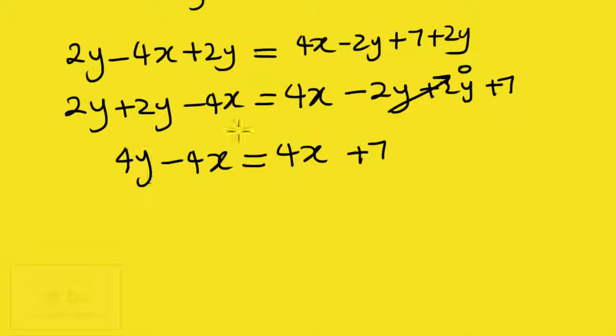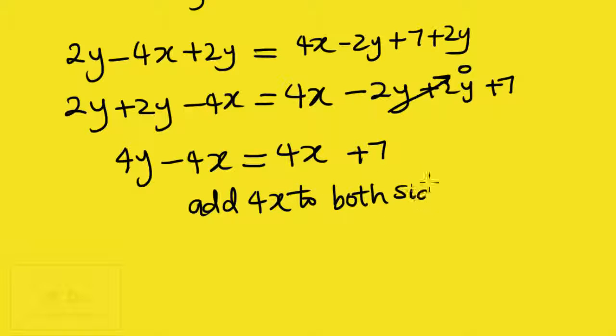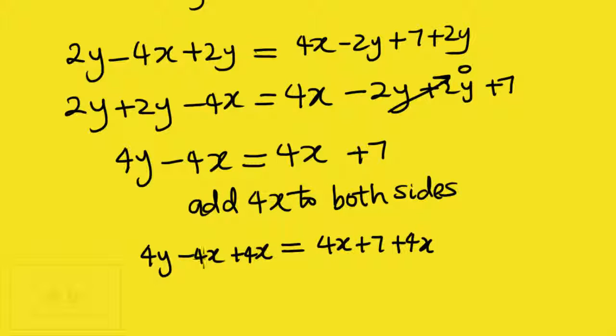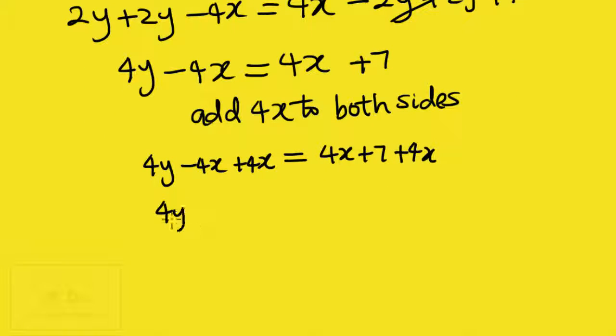If I add 4x to both sides, to put all the x's on the right-hand side and just have y's on the left-hand side, I get 4y minus 4x plus 4x equals 4x plus 7 plus 4x, which gives 4y equals 8x plus 7.